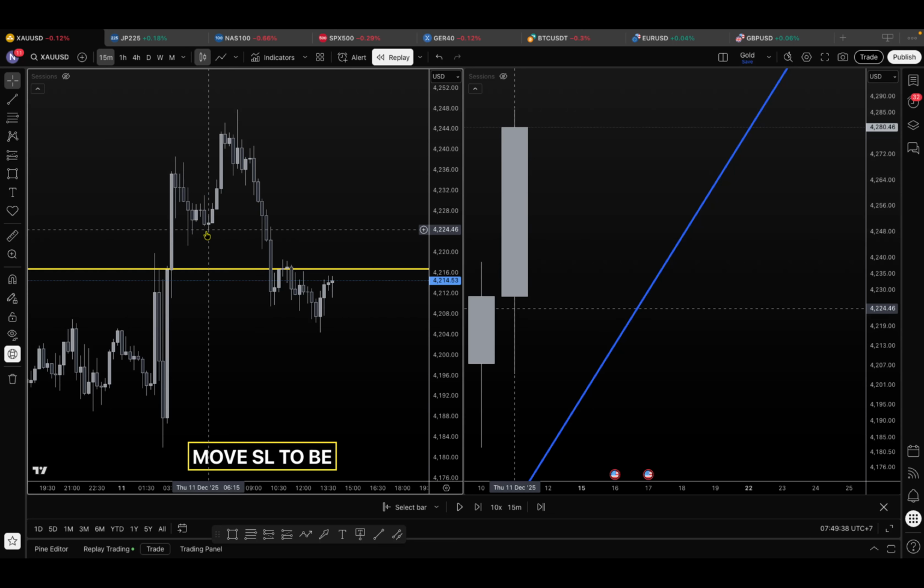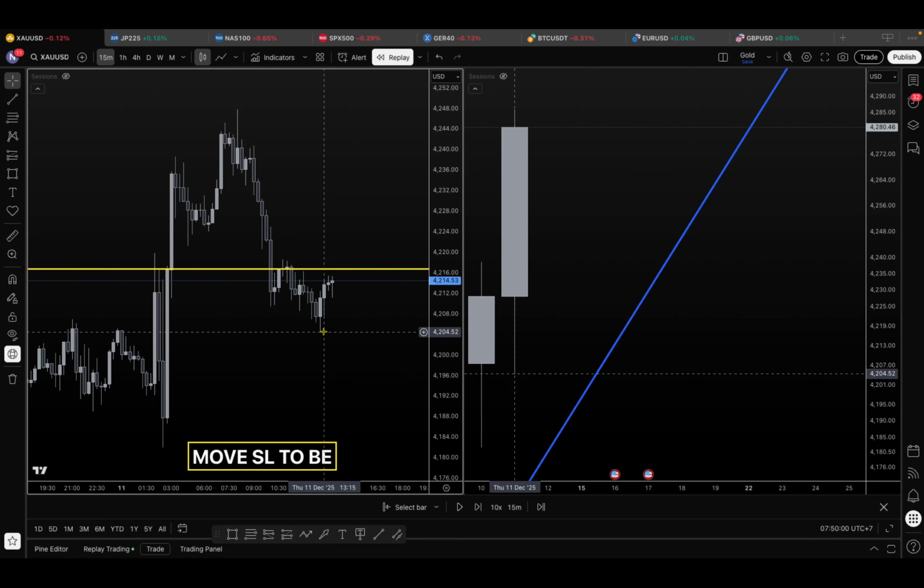I could see that the price broke this swing low on the 15 minute and created a lower low here, and a lower high and a lower low.